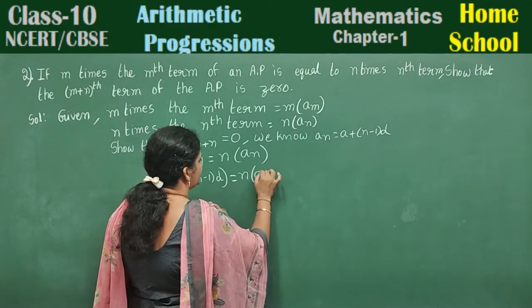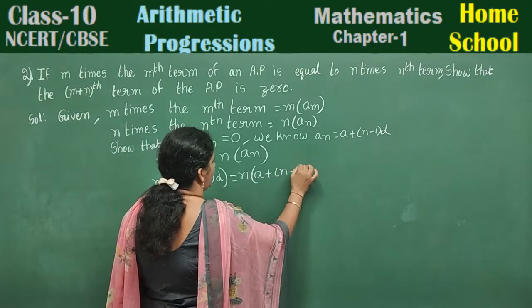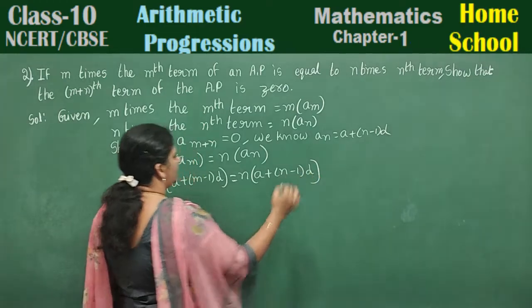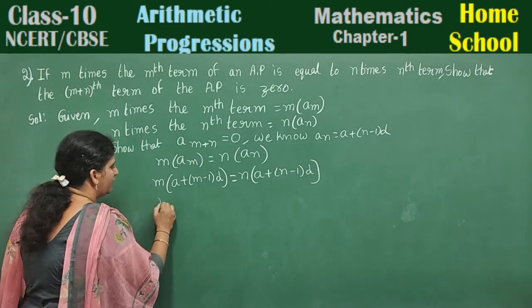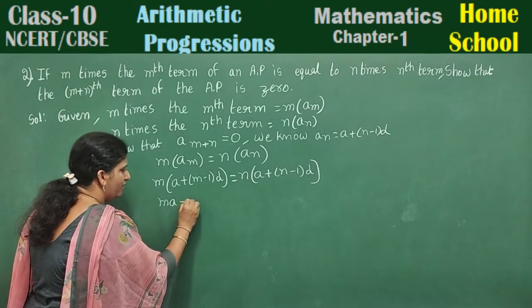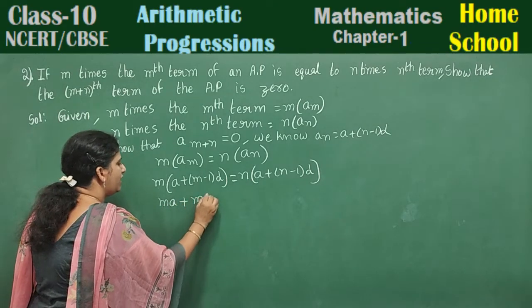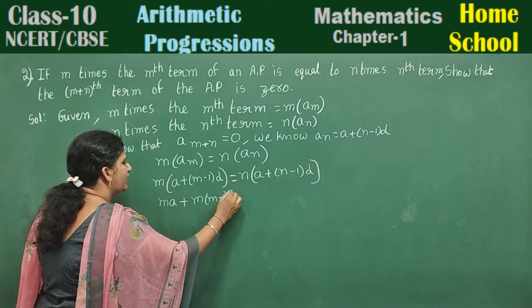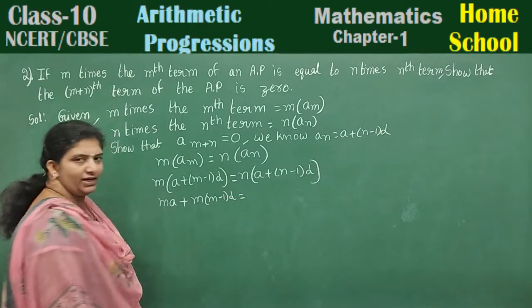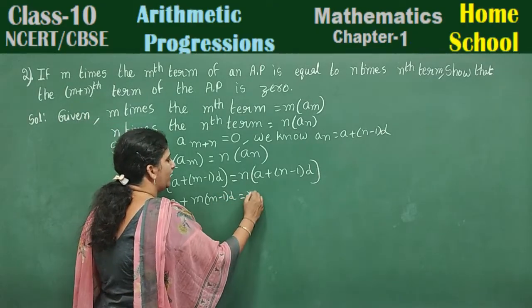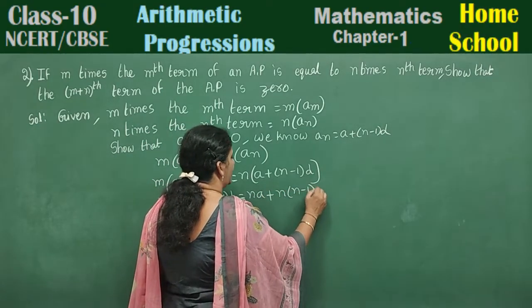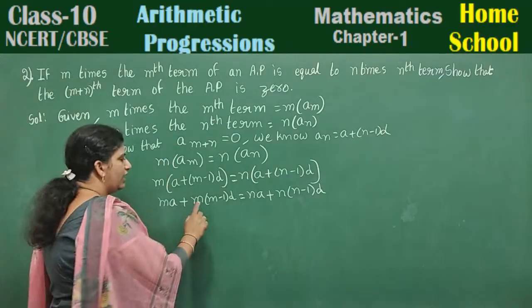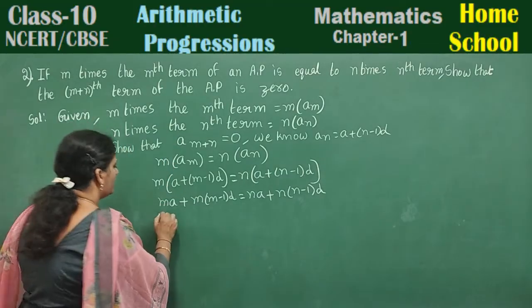As you know, an is nothing but a plus (n minus 1) into d. Multiply this: m into a is ma, plus m into (m minus 1) into d is equal to n into a, na, plus n into (n minus 1) into d. Let's multiply this one.